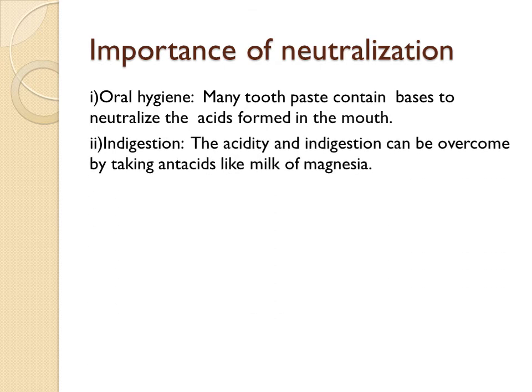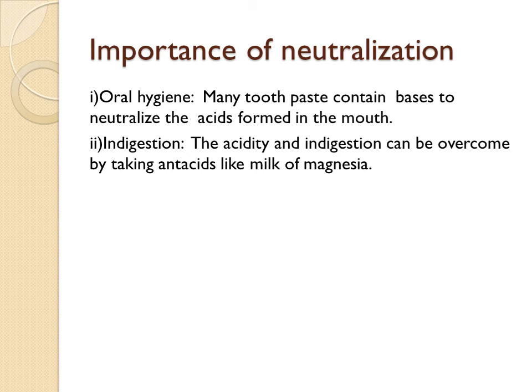Then indigestion. The acidity and indigestion can be overcome by taking antacids like milk of magnesia. What are antacids? Antacids are medicines used to reduce the acidity. You know, in our stomach, gastric juice is produced, that is hydrochloric acid, which helps in digestion. If our stomach glands secrete excess hydrochloric acid, we experience pain, which is relieved by taking milk of magnesia.